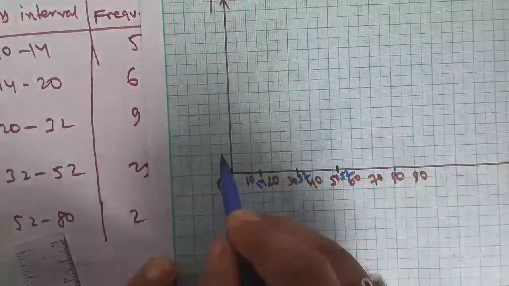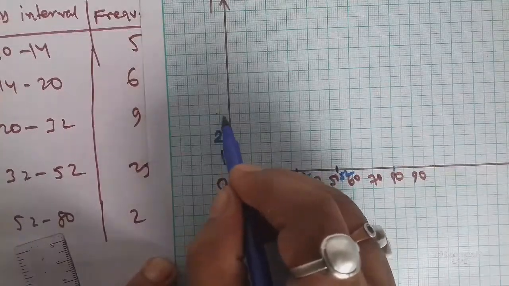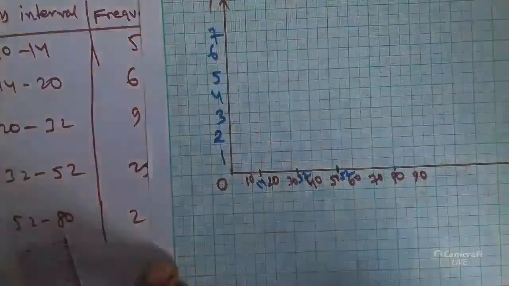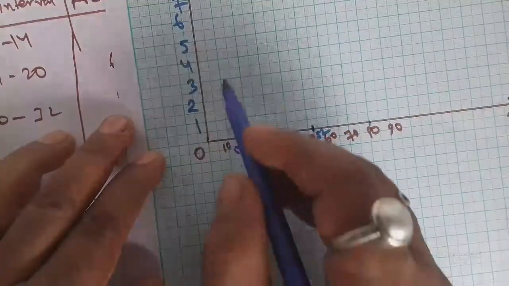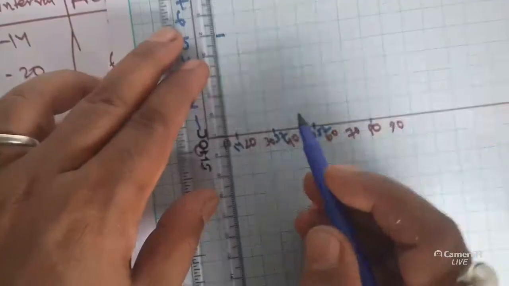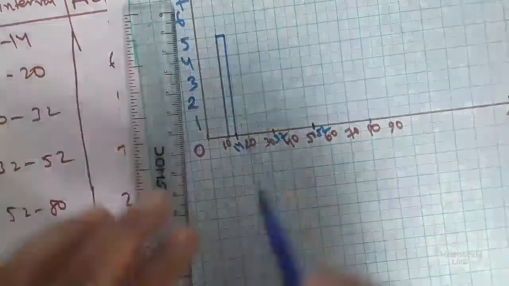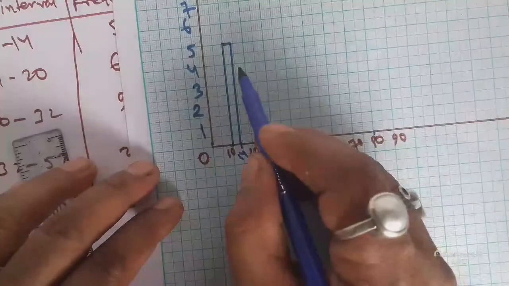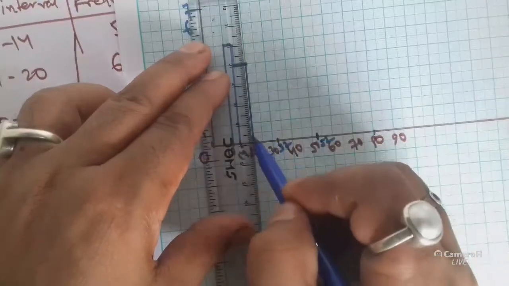So we can take along the y axis 1 unit equal to a frequency of 1. Here 10 to 14, the frequency is 5, so we take 5 and draw this histogram bar for 10 to 14. Then 14 to 20 is 4, so 14 to 20 is here. Now we draw 14 to 20.